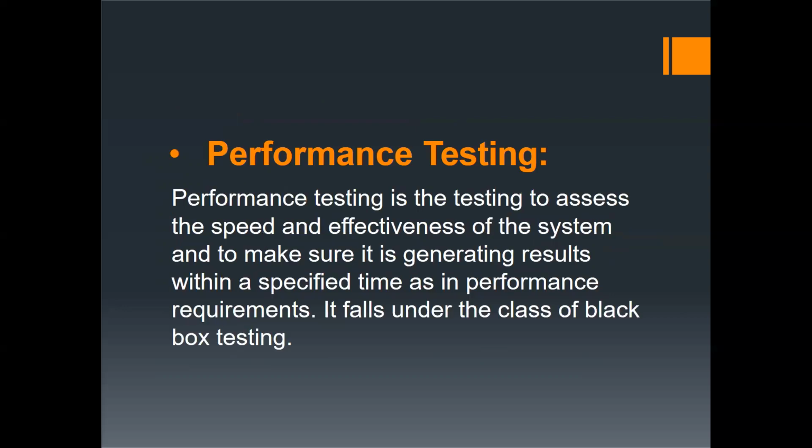Not only system testing, we have performance testing as well, where we can find out the exact speed and effectiveness of our software. So whether it is behaving according to the desired speed or desired effectiveness or not, we need to find that out as well. Both the performance test and the system test are obviously a part of, or a class of, black box testing, right?